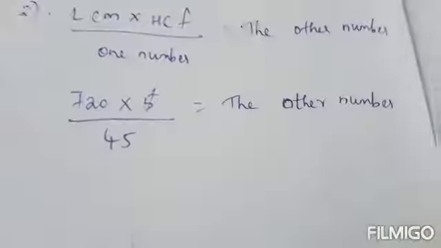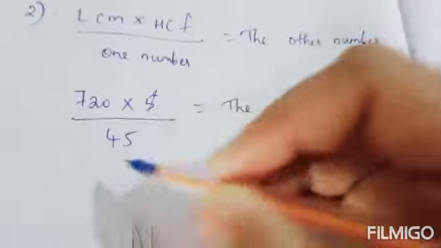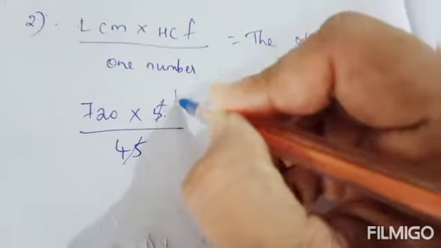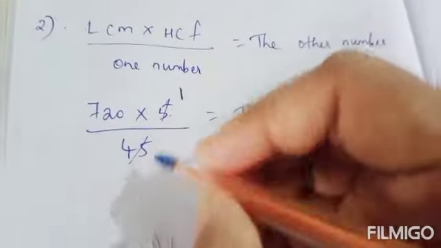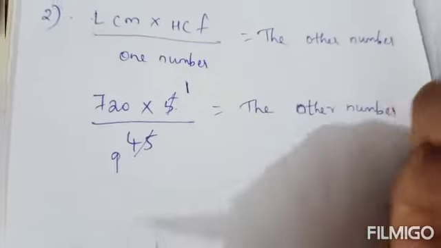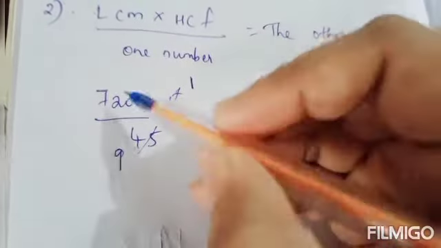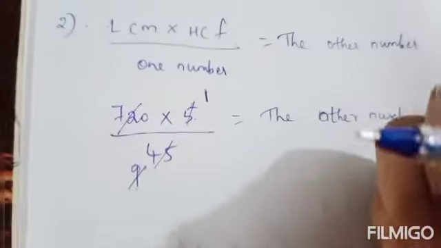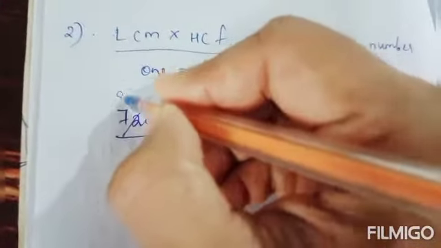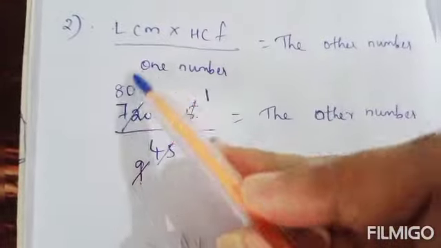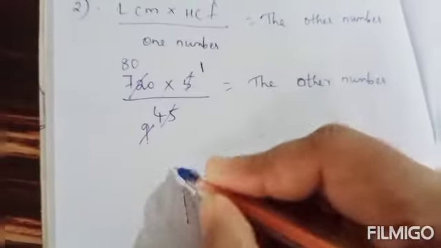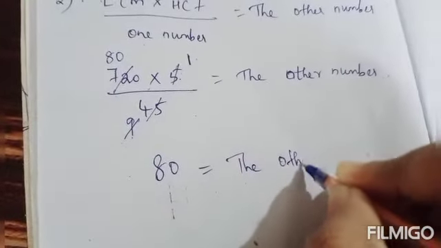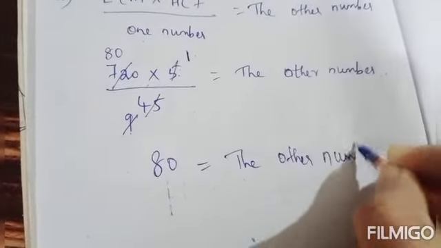Now 5 and 45, both will go in 5. 5 into 1 is 5, 5 into 9 is 45. Now 720 divided by 9, you can divide it. It is 80. So 80 into 1, you got 80. So this is the other number. The other number is 80.